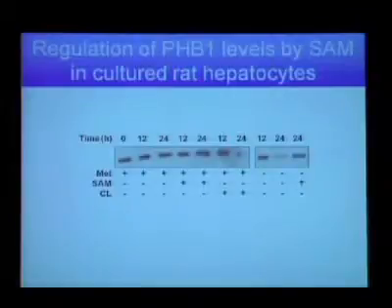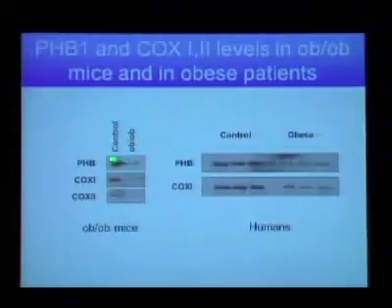And finally, to end this part of the talk, to test if this was a feature specific to our experimental model, we tested another one, which is obese mice. You can see there is also a decrease in prohibitin and cytochrome C oxidase 1 or 2, and also there is a decrease of prohibitin and COX-1 in obese patients, conditions that are likely at risk of NASH development.